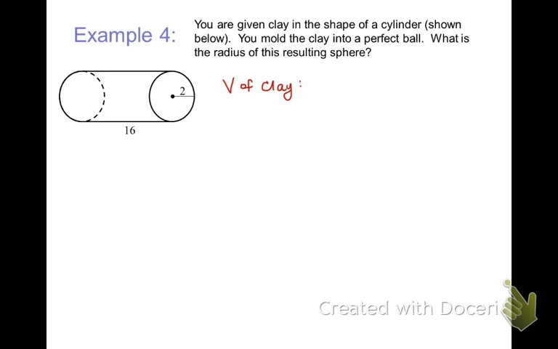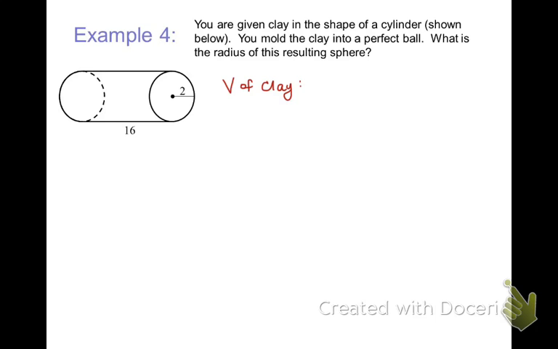Yep, so notice that at this point we can't use the 4/3 pi r cubed because I don't have it in a sphere, right? And I don't know what the radius of the sphere is. That's what I'm trying to find. But I can use my volume formula from previous sections to find the volume of clay in the cylindrical form, right? So how do you find the volume in terms of a cylinder?